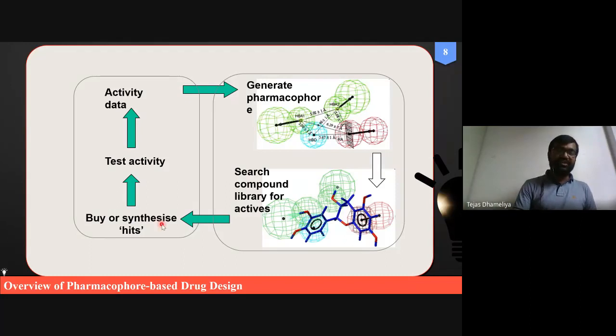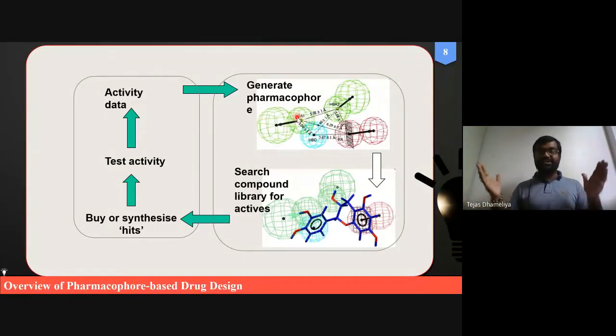This approach is called pharmacophore based drug design because we are dealing with a pharmacophore, a drug molecule. My objective is to introduce you to the several types of computational techniques that are used under the umbrella of CADD, the techniques that can be useful in CADD.